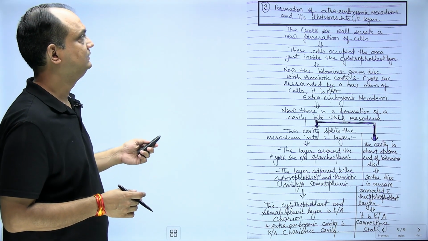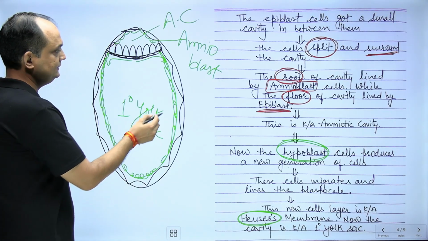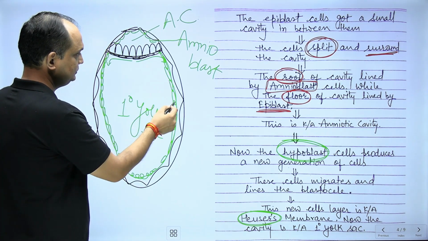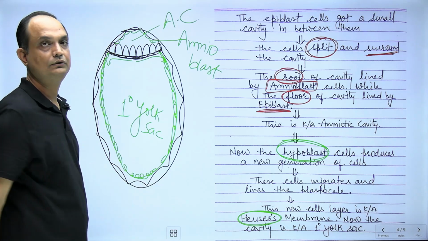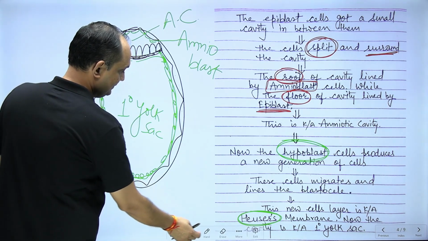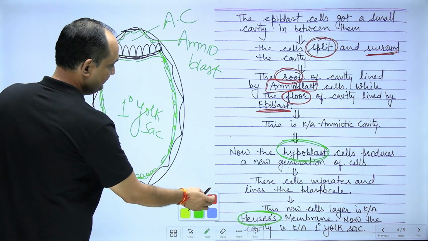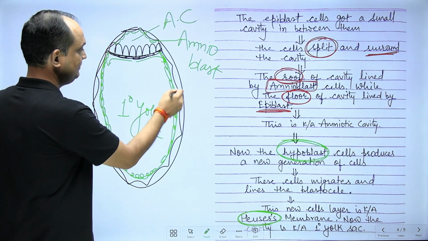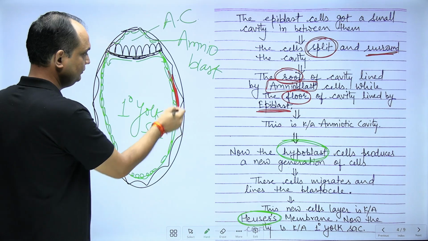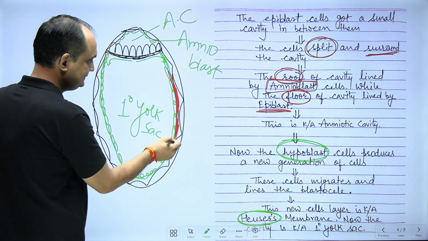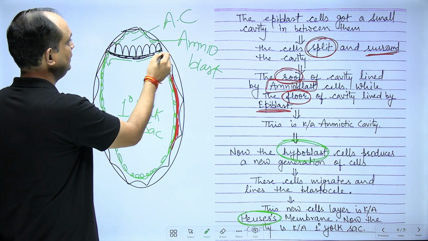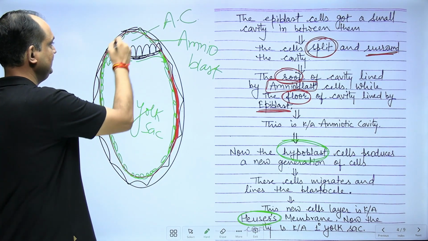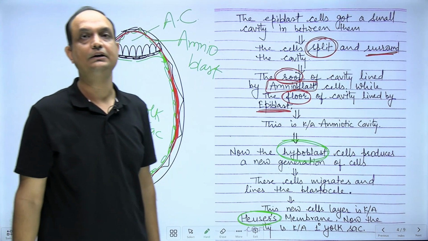So this is the extraembryonic mesoderm, and the first question you have to understand is where the extraembryonic mesoderm lies. So my dear students, I just told you that there is a formation of primary yolk sac, and this yolk sac is lined by the Heuser's membrane and this layer of cytotrophoblast. Now there is a gap between the Heuser's membrane and cytotrophoblast, and in this gap you will have the appearance of a new layer, and this new layer is all around, present between the yolk sac, amniotic cavity and your embryonic disc.